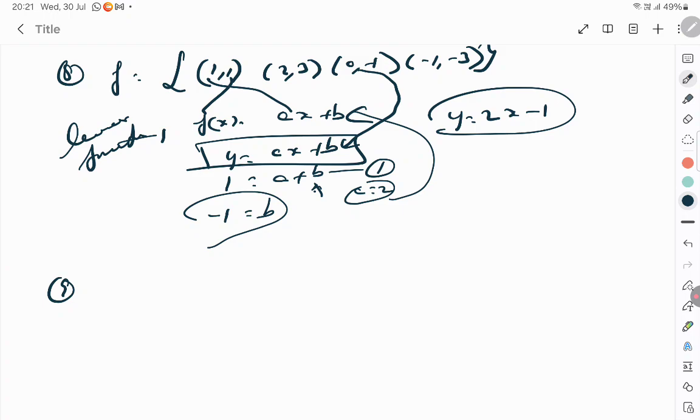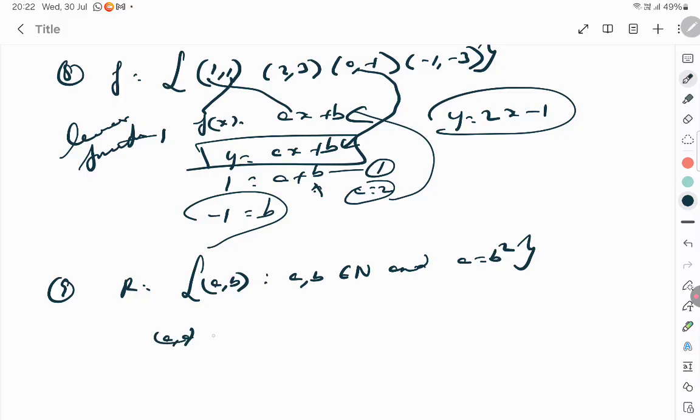So, 9th question. This is a question where the relation R is equal to (a, b), where a, b is an element of natural numbers and they've given a is equal to b square. They're asking if (a, a) will be a part of the relation. You know what? Natural number 1 is equal to 1 square, but 2 is not equal to 2 square.